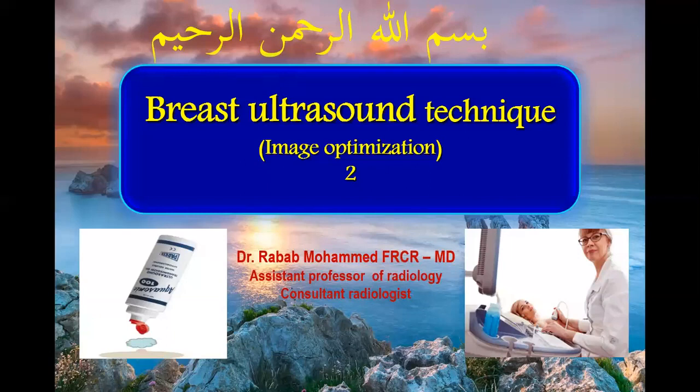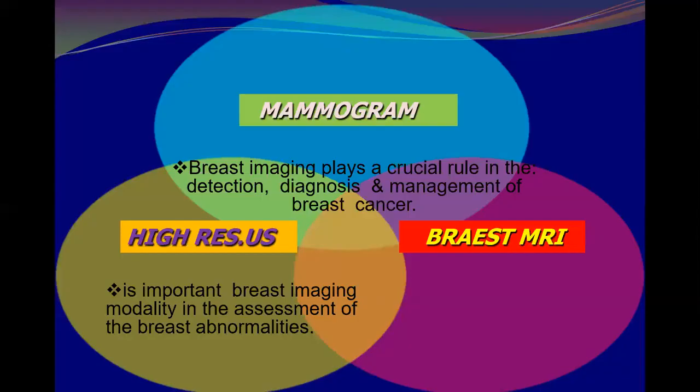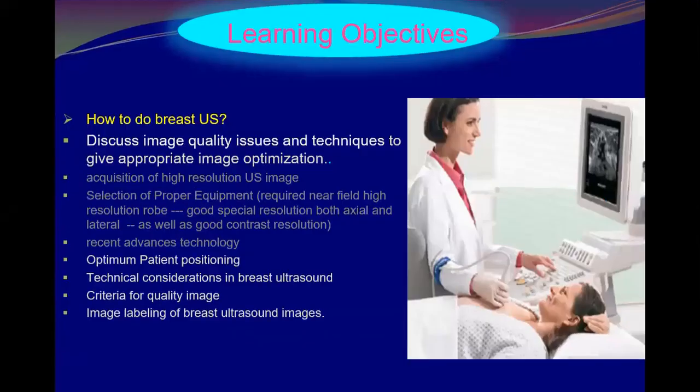We are going to continue breast ultrasound technique and image optimizations. Last time we started talking about how to do breast ultrasound. We discussed already the acquisition of high resolution image and the selection of proper equipment.